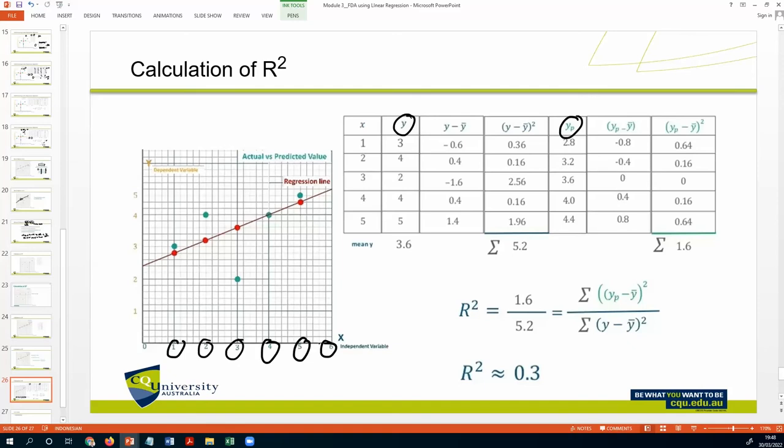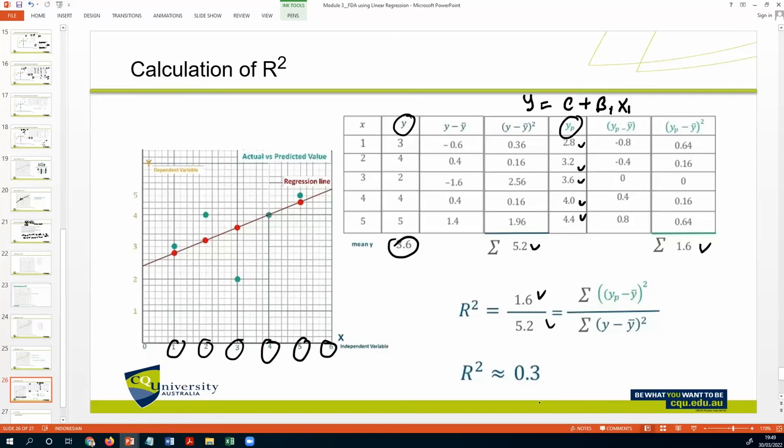So when we put in the model Y equals a constant plus beta times X, we have the new predicted Y. So the R square will be the sum of Y prediction minus Y mean, to the power of 2, which is 1.6, over Y minus Y mean, to the power of 2, which is 5.2.